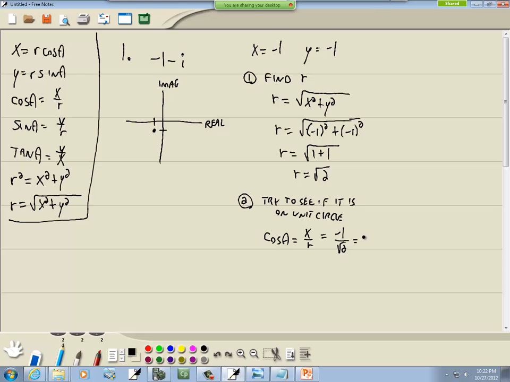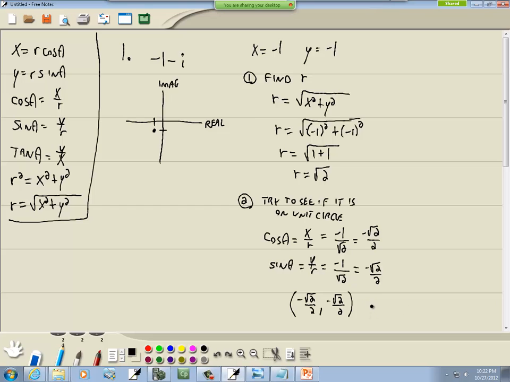If I multiply top and bottom by the square root of 2, we get negative square root of 2 over 2. And sine is equal to y over r. y was -1 over r, which is the square root of 2. That gives us negative square root of 2 over 2 when I multiply the top and bottom by the square root of 2. Now if we look for this point on our unit circle, we would be looking for negative square root of 2 over 2 and negative square root of 2 over 2. Well, this is on our unit circle.